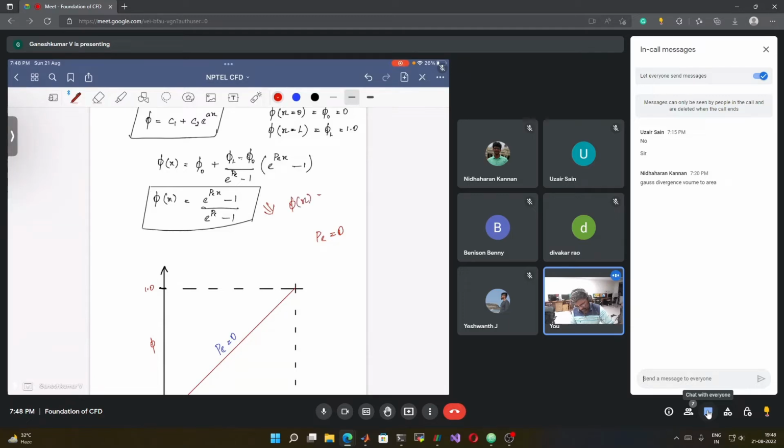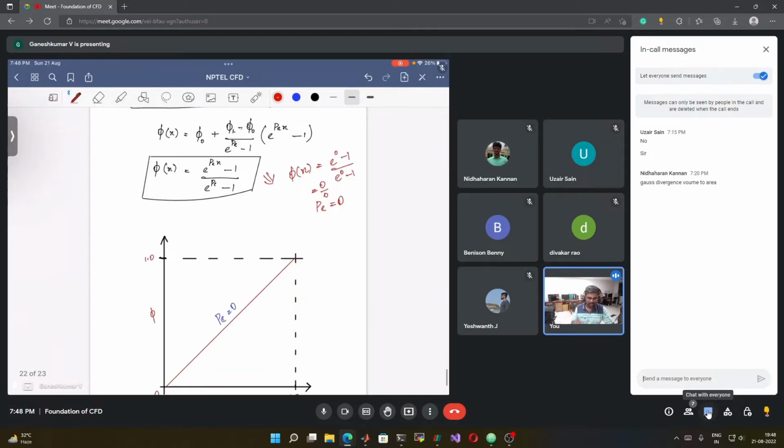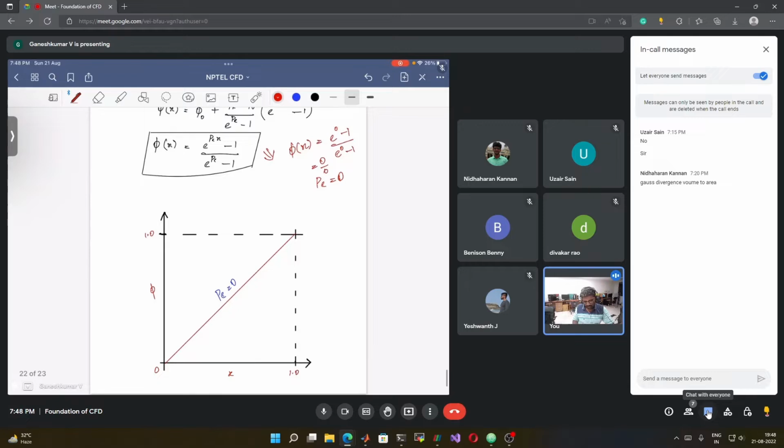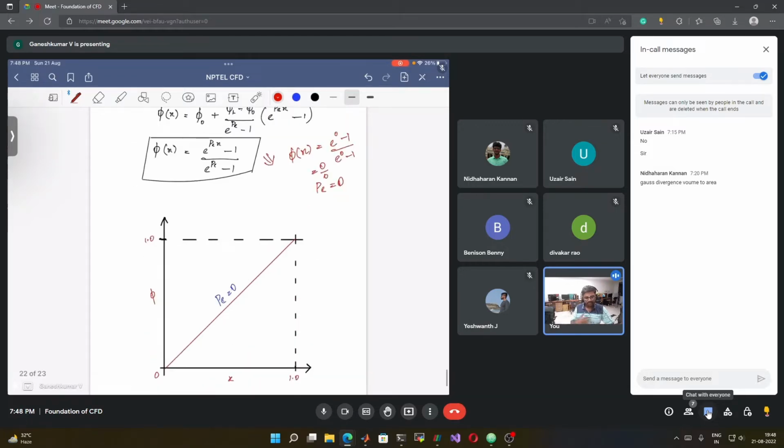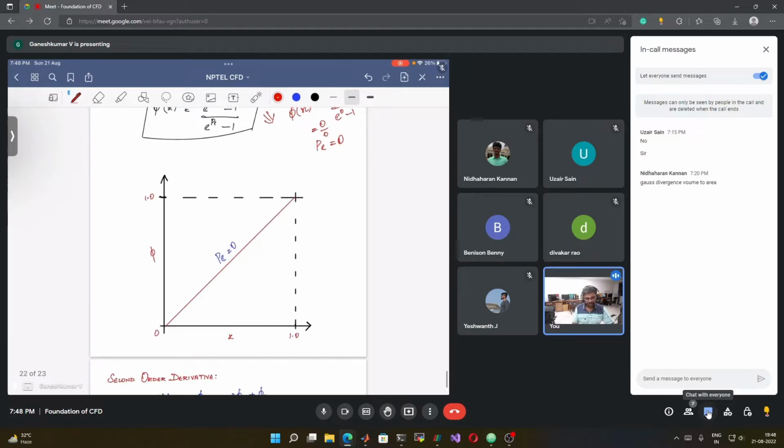Phi of x is equal to e power 0 minus 1 divided by e power 0 minus 1, right? It will be an indeterminate form. So this equation may not be valid for Peclet number equal to 0. But if you try to get it some other way, your Peclet number equal to 0 would be like this.